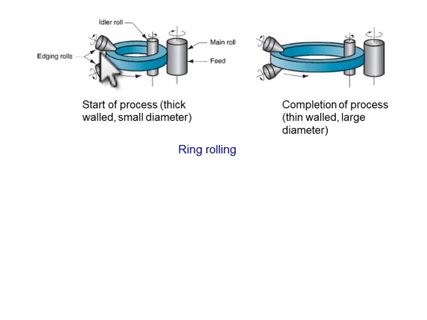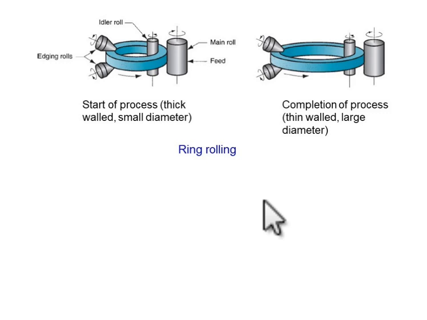Now we want to increase the diameter by reducing this thickness. So in such an arrangement, we apply some load on the material across this thickness, and as a result of this load, the thickness reduces and the diameter of the ring increases. So this is a ring rolling operation.